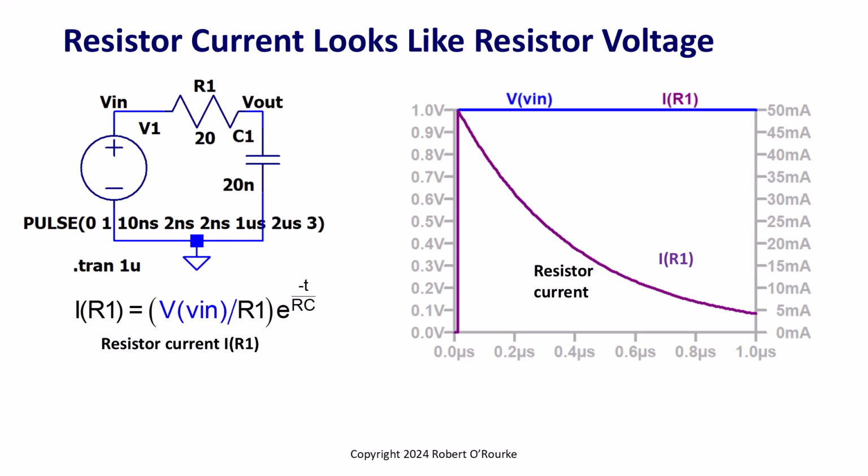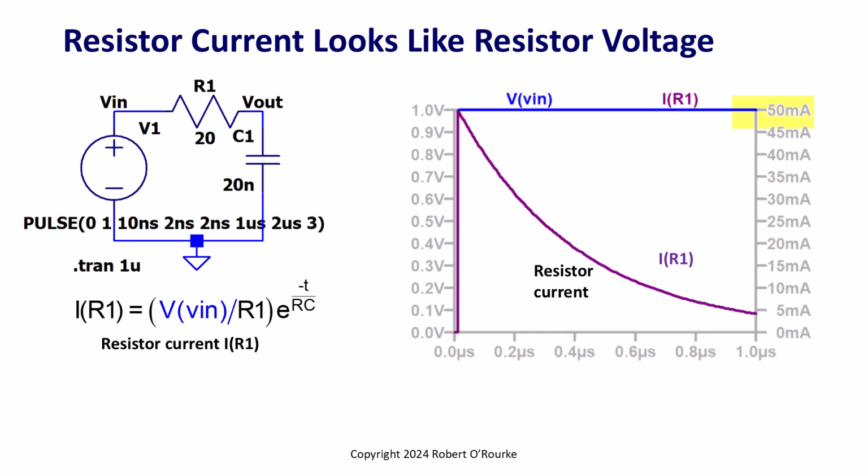Related to resistor voltage by Ohm's law, the resistor current has the same decaying exponential shape as the resistor voltage. The starting value of the resistor current is 50 milliamps, 1 volt divided by the 20 ohms of R1.